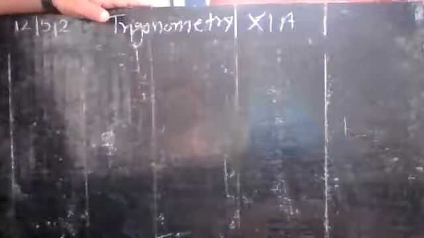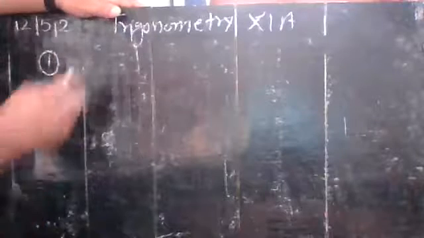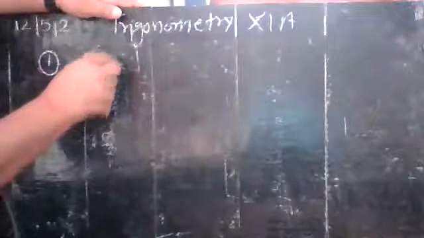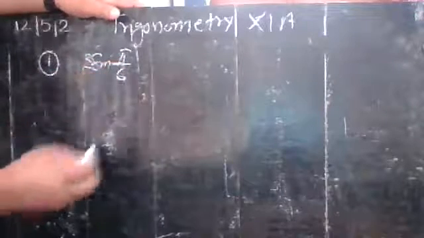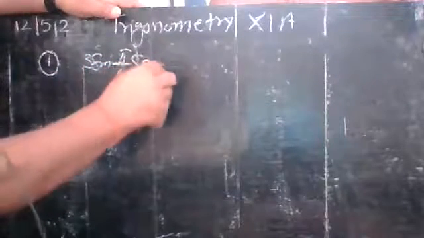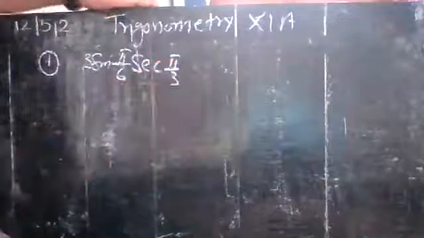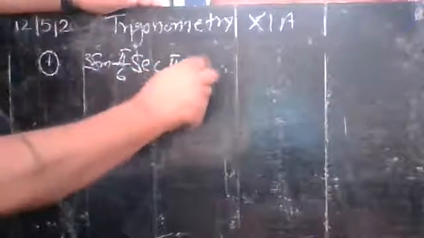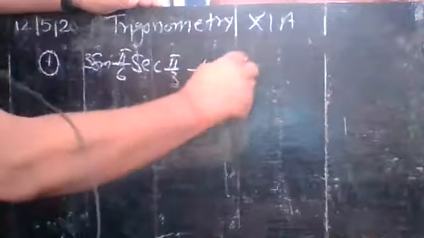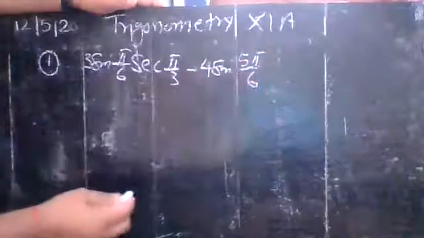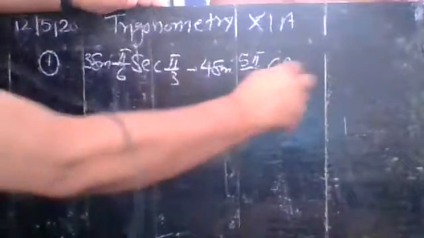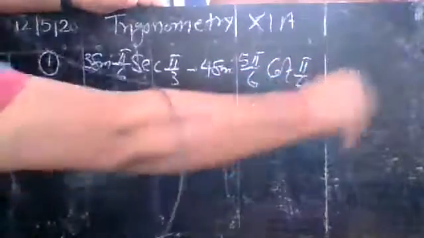So yes, write the first question. Prove the following. Your first question is: prove that 3 sine pi by 6 sec pi by 3 minus 4 sine 5 pi by 6 cot pi by 4 is equal to 1.